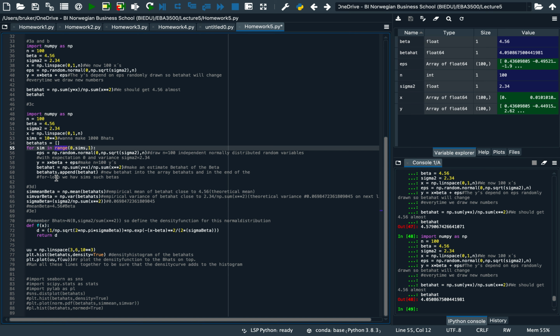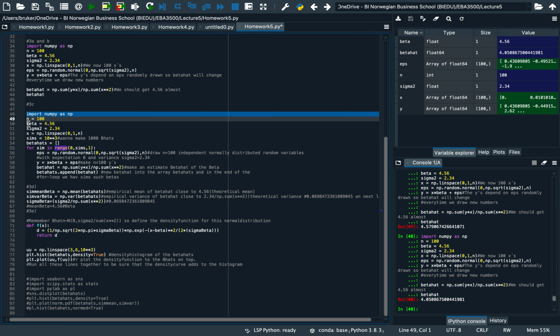And then in D, we are asked to compute the empirical mean and variance of the 1,000 estimates of beta. So now I have 1,000 estimates. So then I take the mean of these beta hats. So that's the mean of 1,000 beta hats. Let's see what it is. First of all, we have to run this.